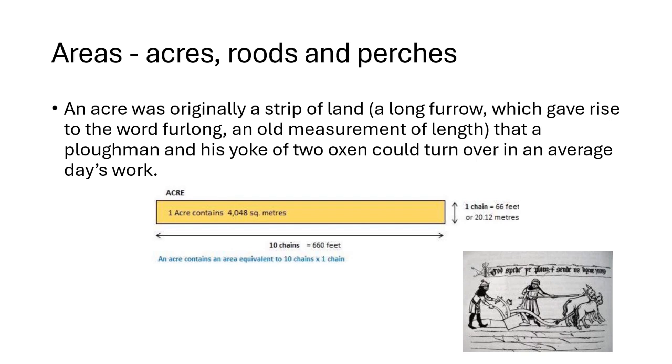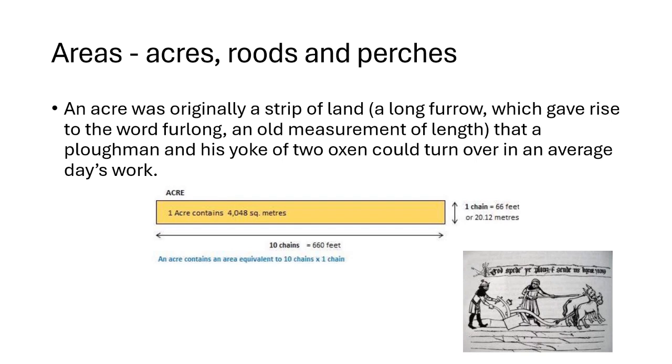So for acres, roods, and perches, just a quick bit of background about the acres. The acre has an interesting history, and the unit of measurement was based on how much a farmer was able to plow in a day using 2 oxen.